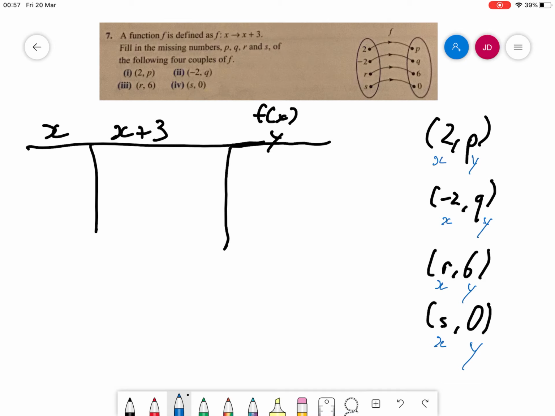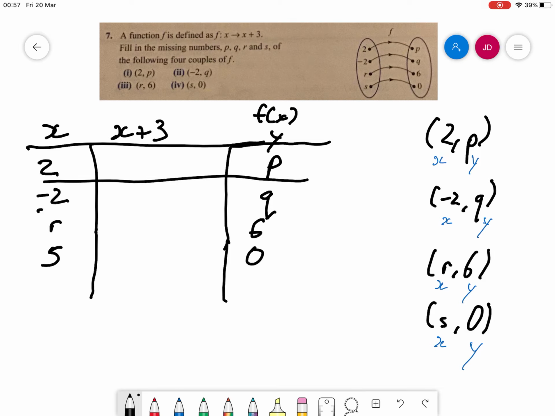So let's fill that information now into our table. Our x values are going to be 2, minus 2, r, and s. My corresponding y values are going to be p, q, 6, and 0.